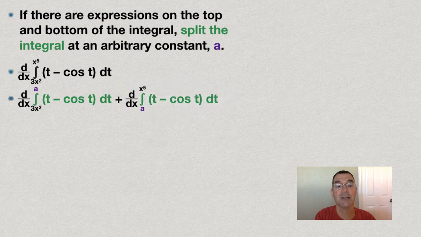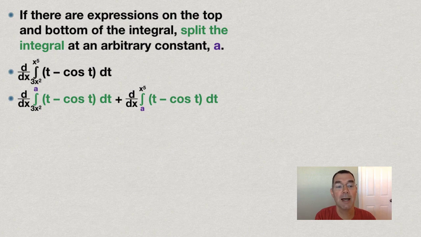Well, what I can do is split that up. So now the integral goes from 3x squared to some constant a, and then the second integral goes from that same a to the expression x to the fifth. All right, so you know from your properties of integrals that adding those two together is the same as using the integral that I originally started with. But the problem with the original is that I can't apply the second fundamental theorem of calculus.